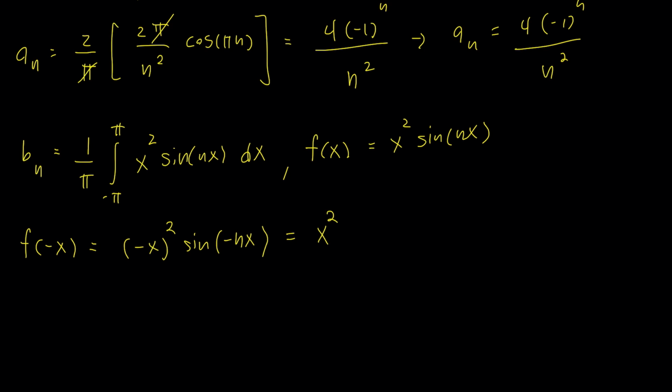We have an x squared, but sine is an odd function, so the negative goes out front, sine of nx, which is negative of f of x. So this means that f is odd. But since the function is odd and we're integrating over a symmetric interval, b_n must be 0.